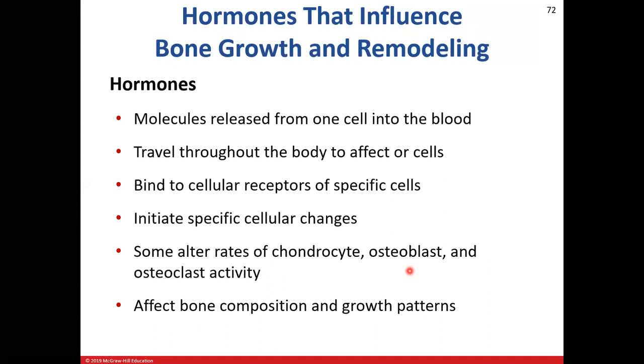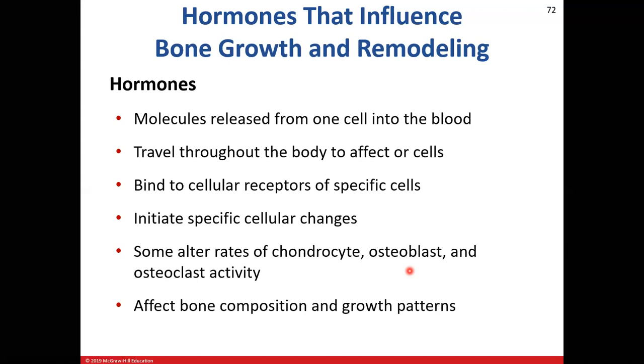And these hormones, when they attach to these receptors, are called ligands, which again, we've talked about when we talked about our channels, specifically our ligand-gated channels. Basically, ligands are any chemical that comes in that's very specific to those receptors. And so these hormones can initiate specific cellular changes.